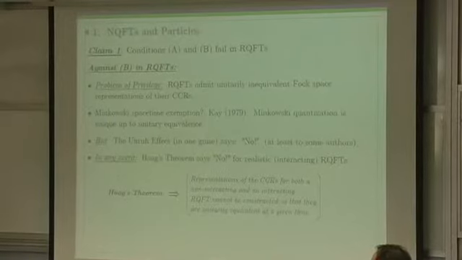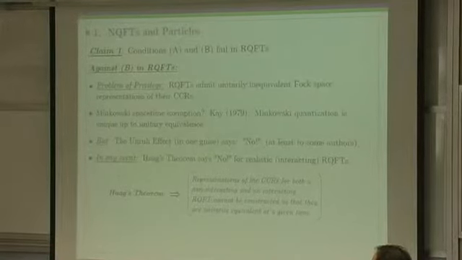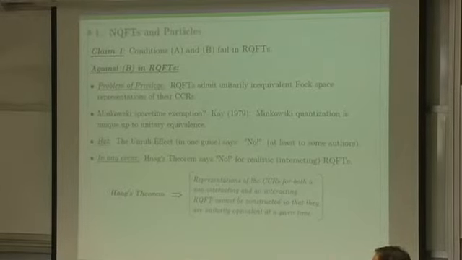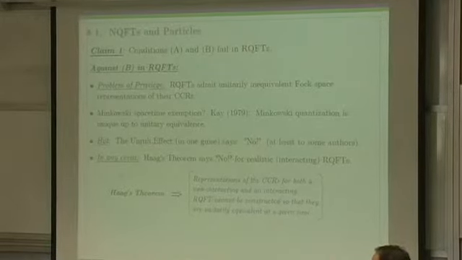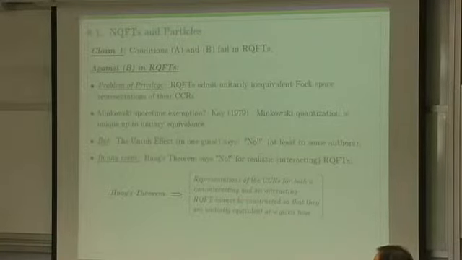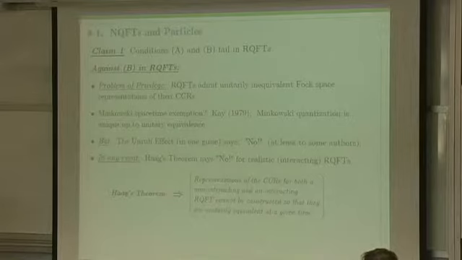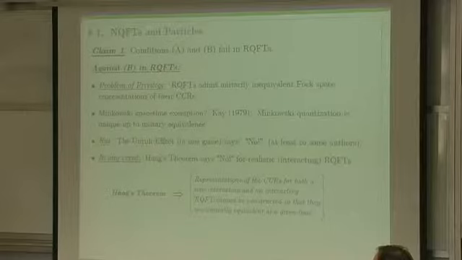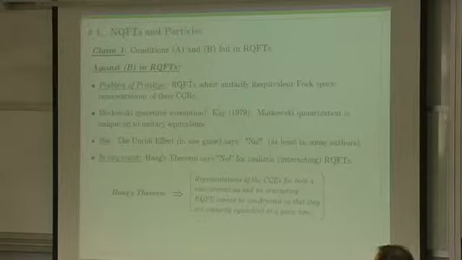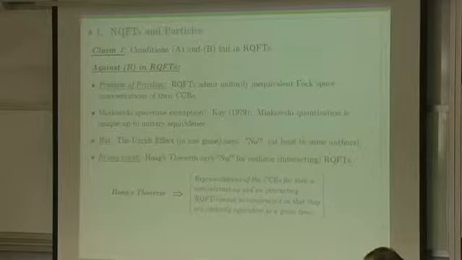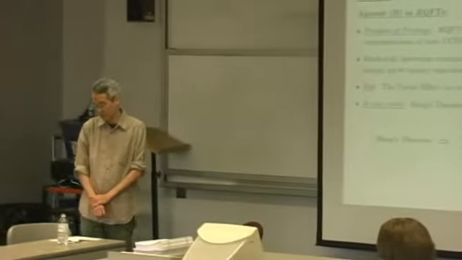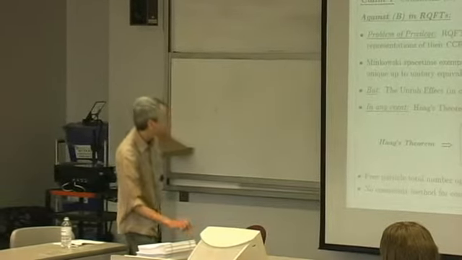So provided, again, that unitary equivalence is a necessary condition for physical equivalence, this suggests that an interacting relativistic quantum field theory cannot be interpreted as consisting of a system of initially non-interacting particles that interact over a finite period of time and then separate back into non-interacting states, a typical scenario for scattering experiments. But more precisely, Haag's theorem suggests that a Fock space representation of the canonical commutation relations of a non-interacting relativistic quantum field theory cannot be used to represent particle states in an interacting relativistic quantum field theory.